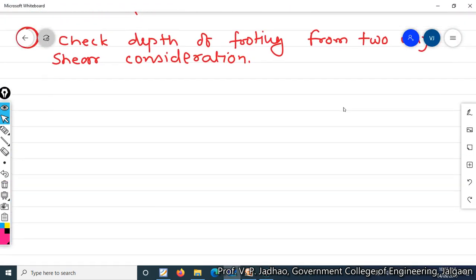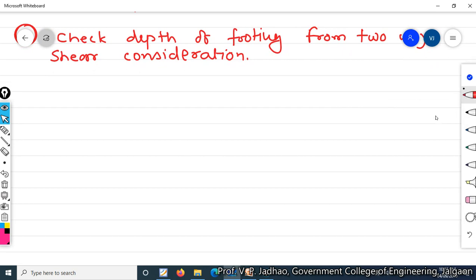So we have to check the depth of footing from two-way shear consideration.